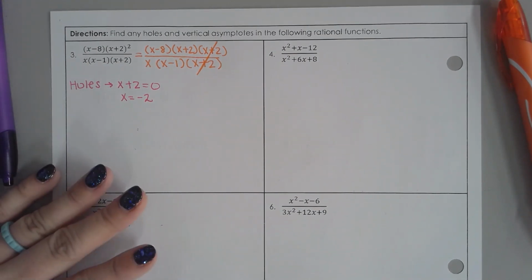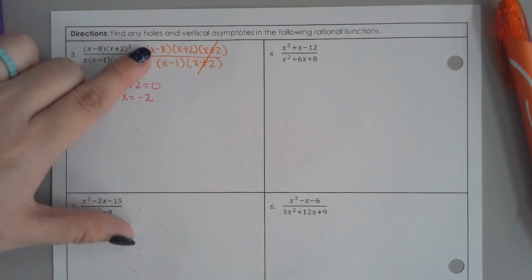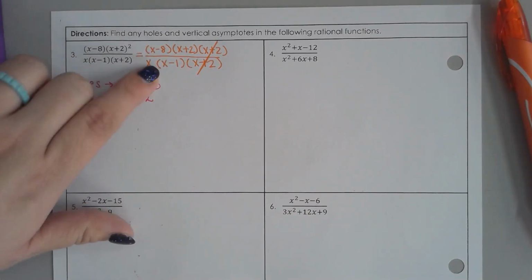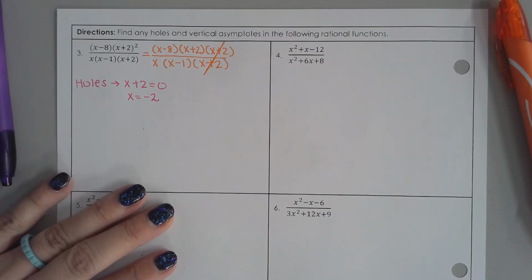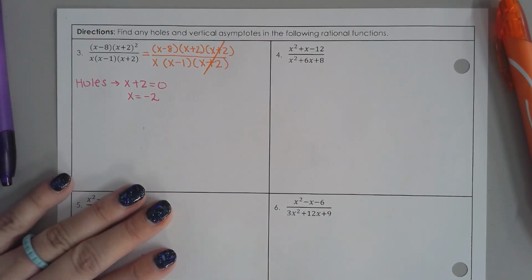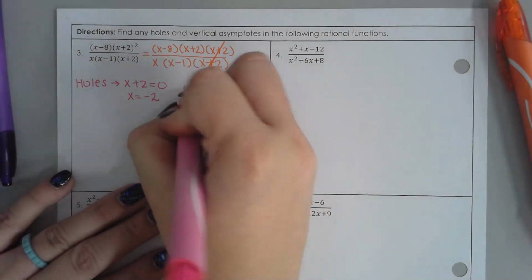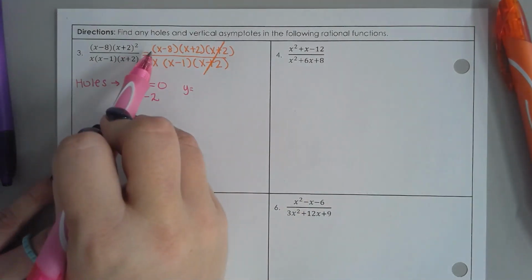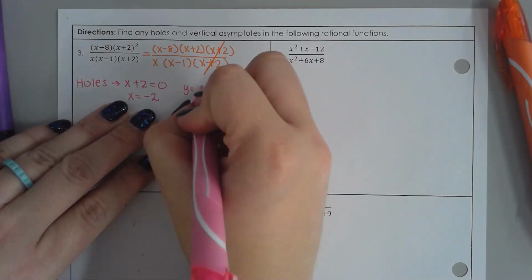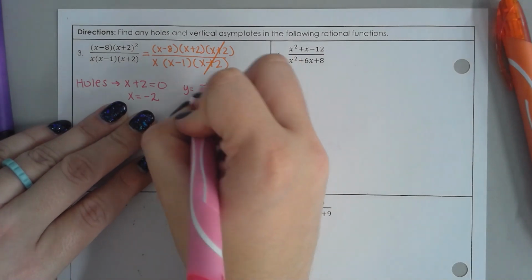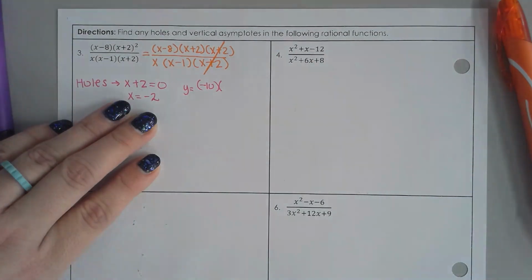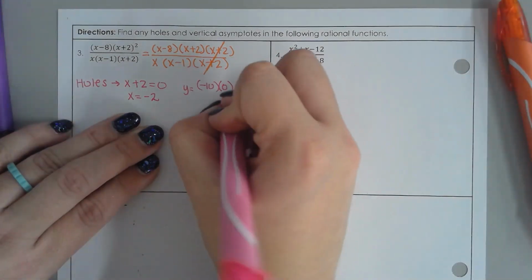To find that y value, I need to plug in -2 back into my function. So -2 minus 8 is -10. -2 plus 2 is 0.